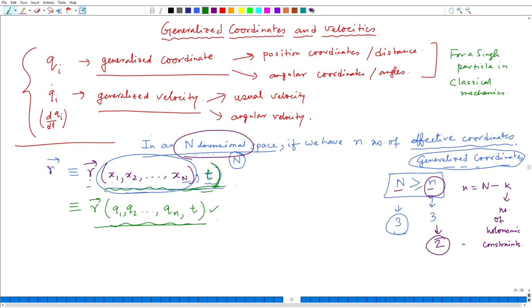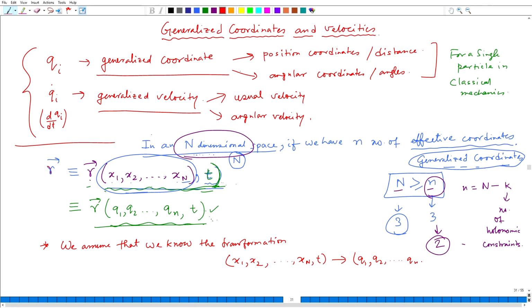One thing is necessary to mention: the supposition here is that we know the transformation from x1, x2, up to xN, t to q1, q2, up to q small n, t.